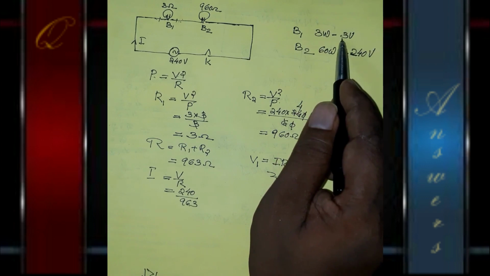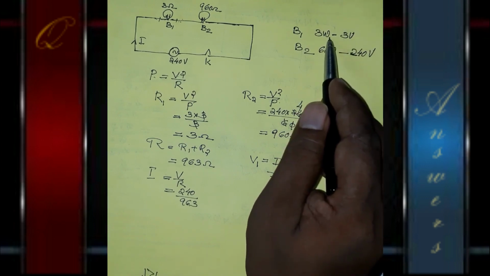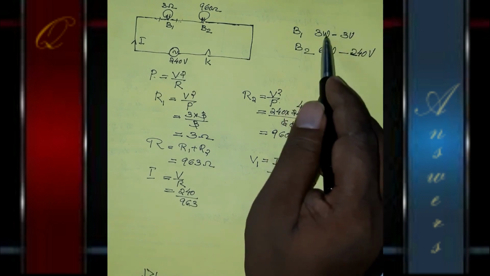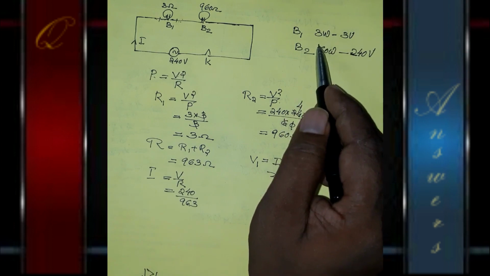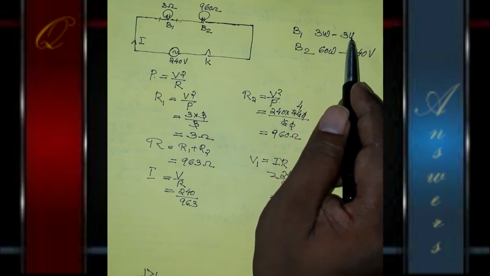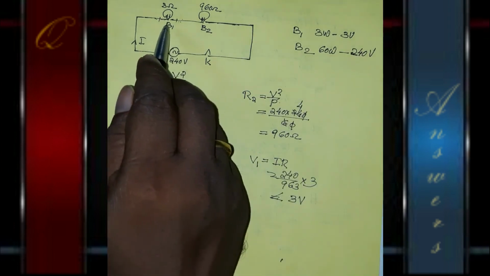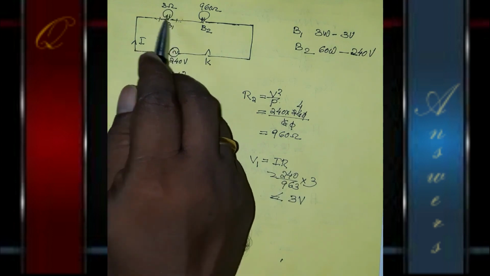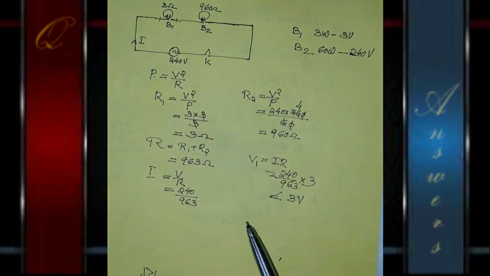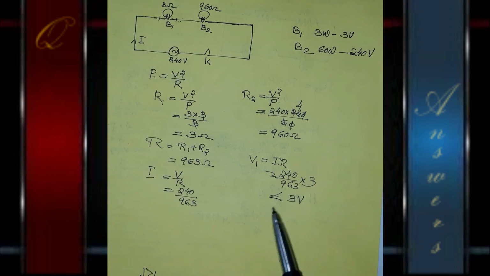If less than 3 volt is applied, it will deliver less than 3 watt power. And if you supply a voltage greater than 3 volt, then this device will be damaged. That is its meaning. So of course this value is less than 3 volt.